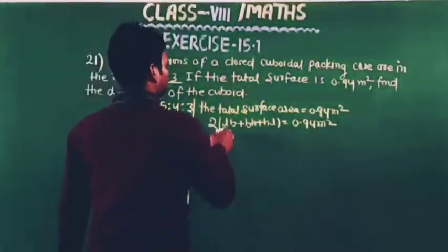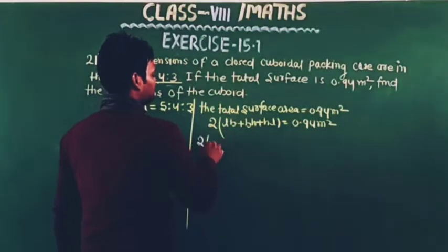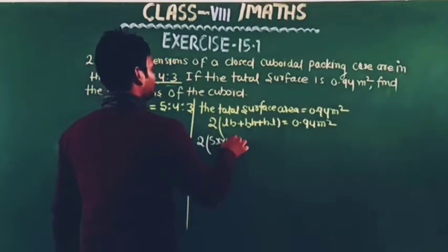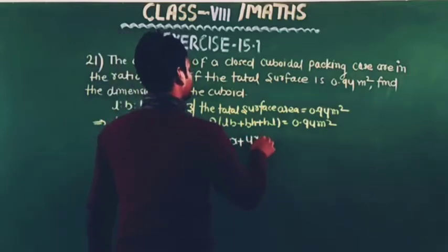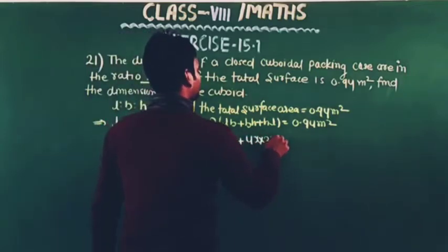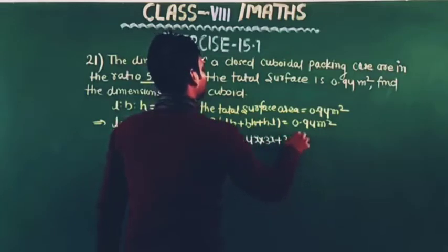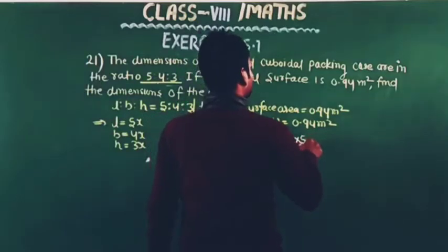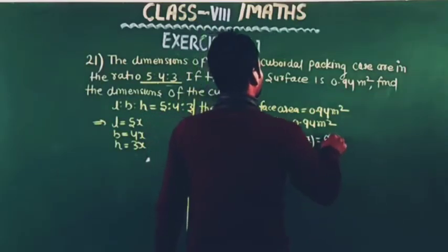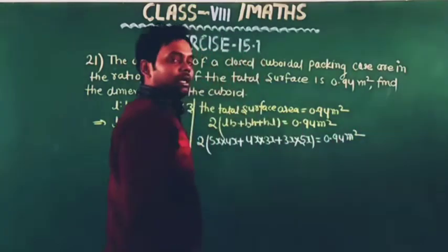Now substituting the values of the dimensions: 2 into (L is 5x into B is 4x, plus B is 4x into H is 3x, plus H is 3x into L is 5x) equal to 0.94 meter square.